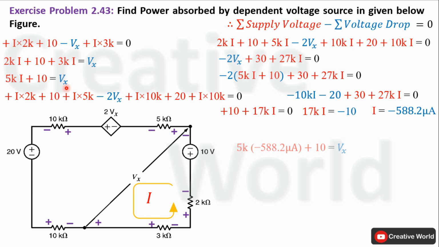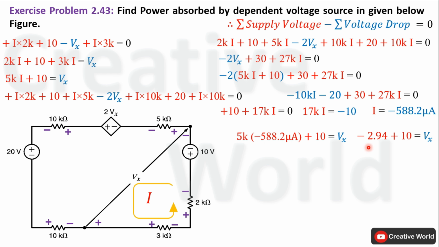So place the value of current I inside this equation. 5K into minus 588.2 microampere plus 10 equal to Vx. Open these brackets and multiply 5K with minus 588.2 microampere. The equation will become minus 2.94 plus 10 equal to Vx, and subtract minus 2.94 from 10, the value of Vx will become 7.059 volt.